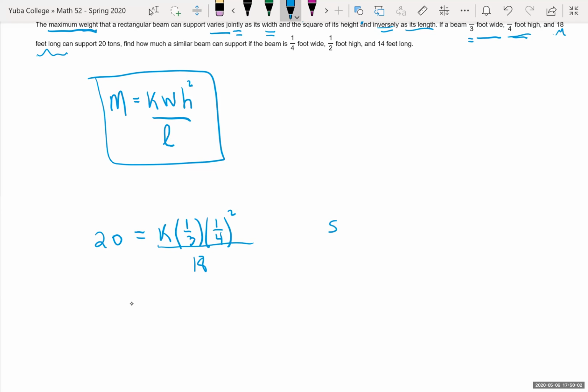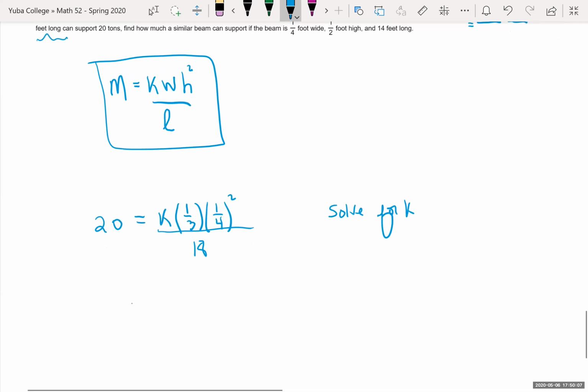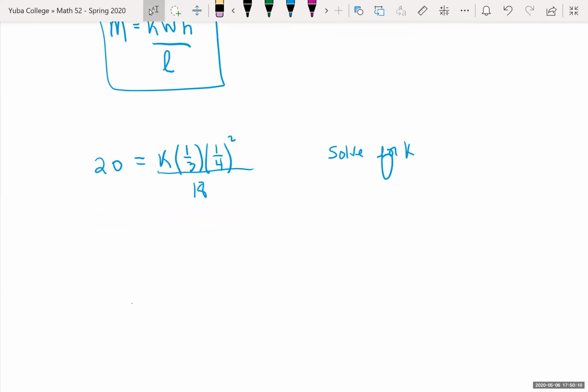Okay, so from here we want to solve for k. Let's multiply both sides of our equation by 18 to clear our fraction. So we get 20 times 18. Well, 2 times 18 is 36 plus the 0 after, because it was 20. That equals k times 1/3. And 1/4 times 1/4 is 1/16.